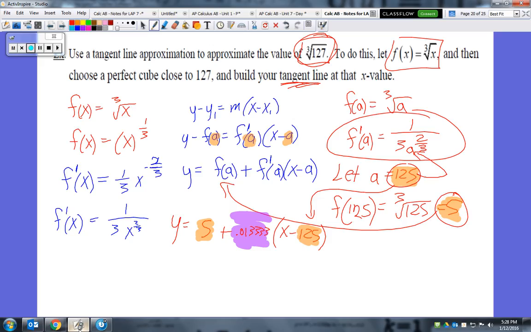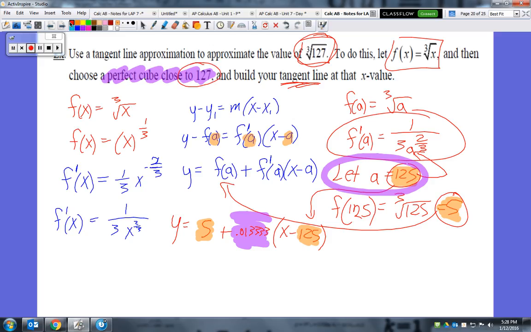Okay. Now what we're going to do is approximate, because remember, we chose 125. Let a equal 125 because we wanted to find a perfect cube that was close to 127. Again, we're approximating based off of something that is close to an exact answer. So we know the cube root of 125 is 5. That's an exact answer.